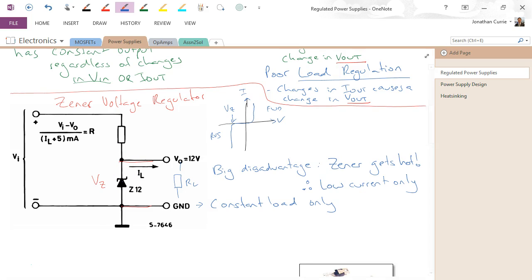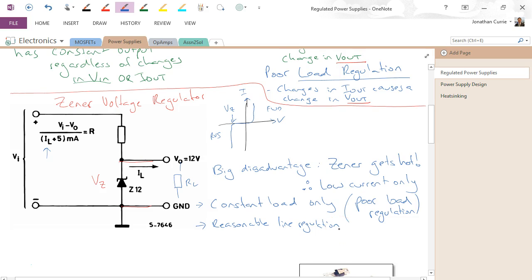Part of your design takes into account a constant load current. Right, so constant load only, so we will have poor load regulation. But it does have reasonable line regulation.